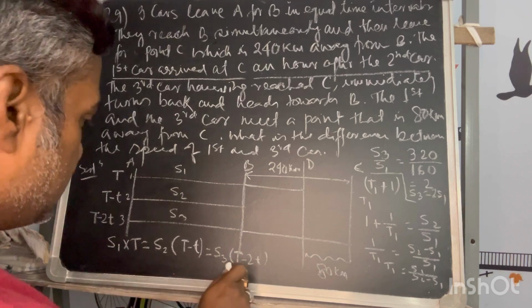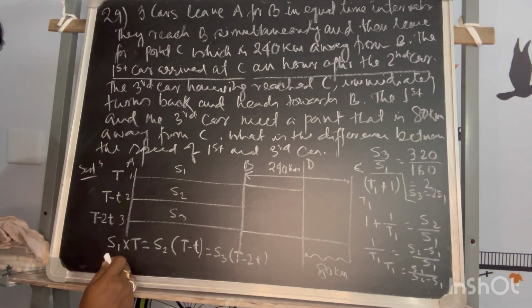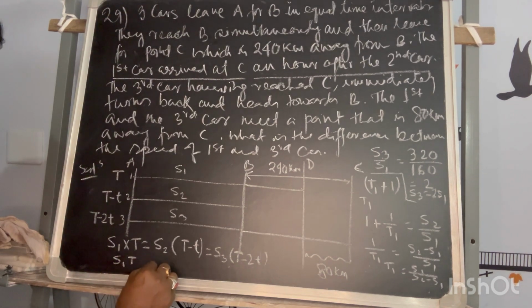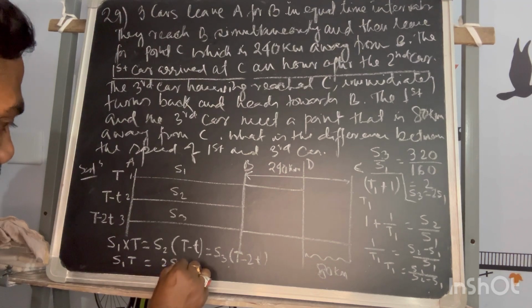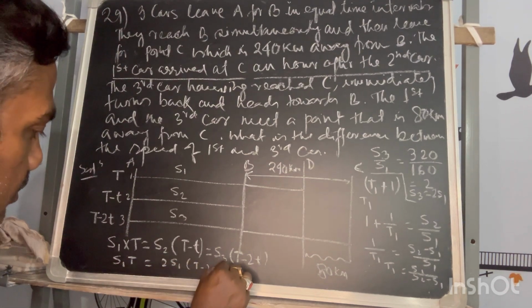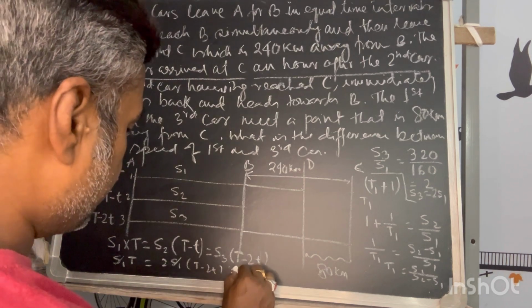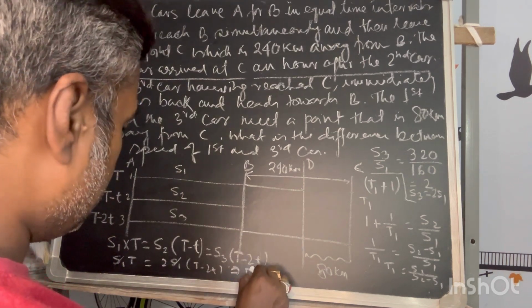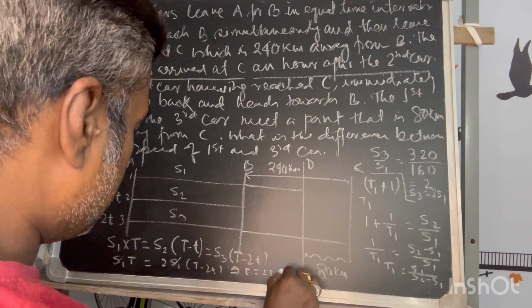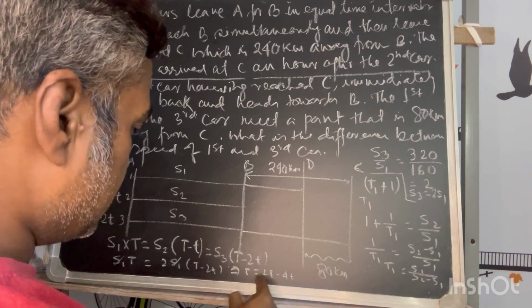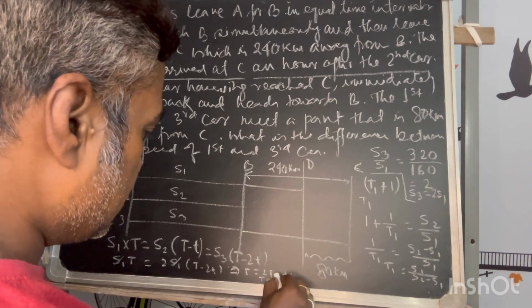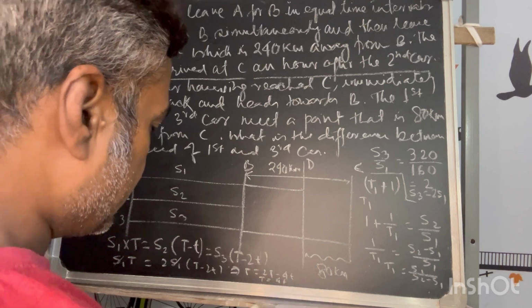If I equalize this to S1, then S1 into T is equal to 2S1 into T minus 2t. So S1 will be cancelled out. So from there I can say T is equal to 2T minus 4 small t. So T is equal to 4t small.